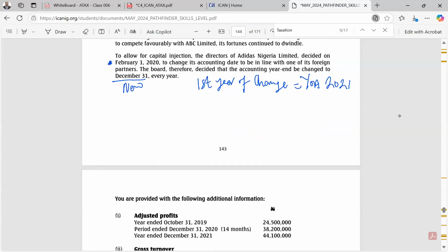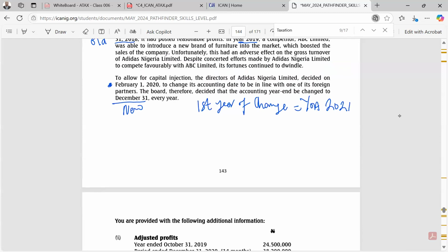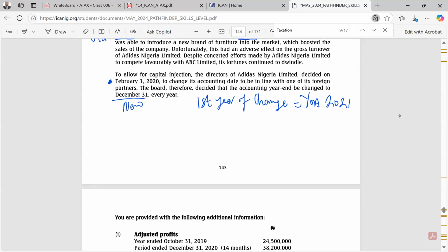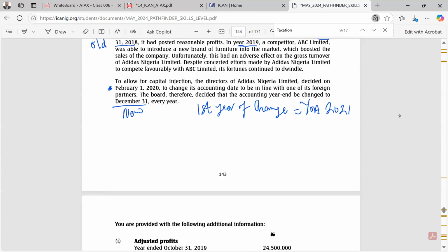I think in this question, ICAN wants to use 2020 as the first year of change. I don't agree with that, but I think that is what ICAN is saying here.